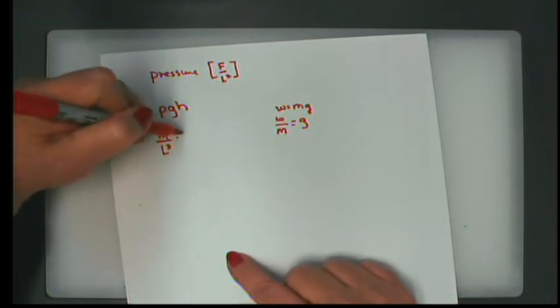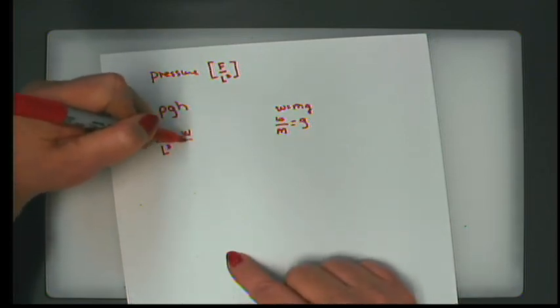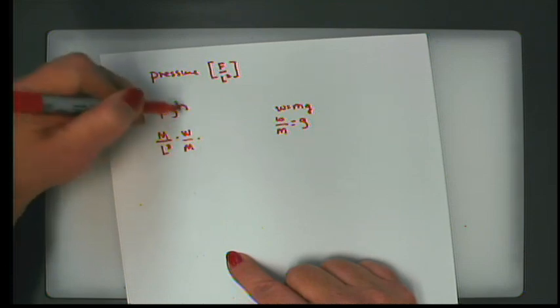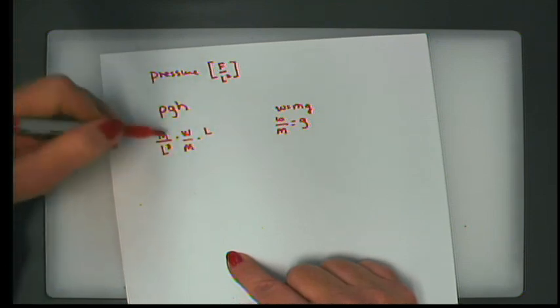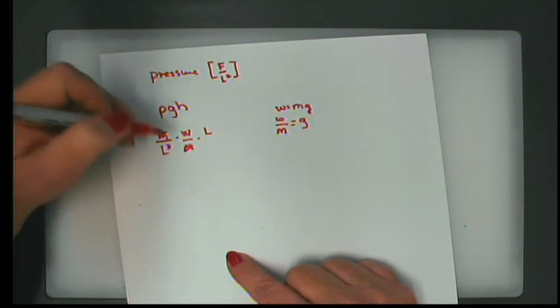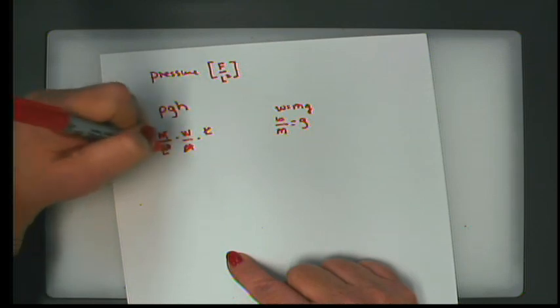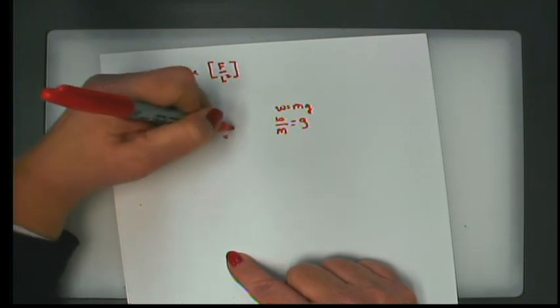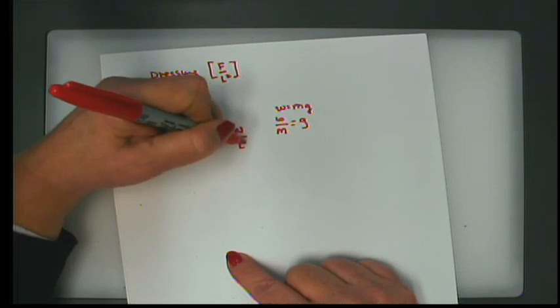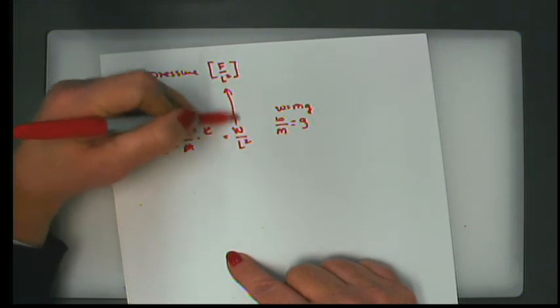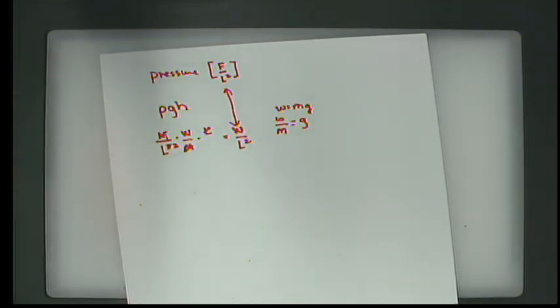And then height, of course, is in length. So masses cancel. This length cancels one of these, and we're left with weight per length squared, which is dimensionally equivalent to force per length squared.